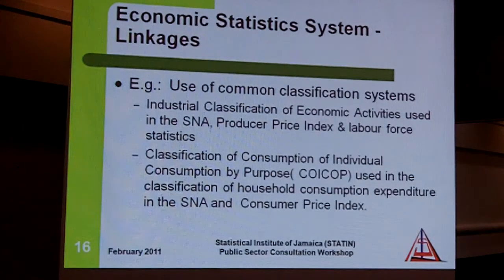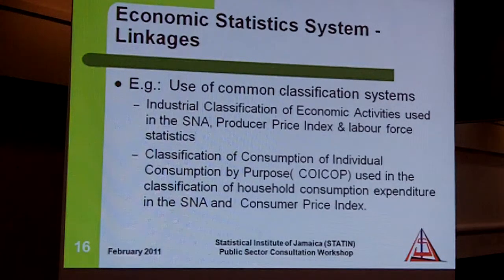For instance, we're using the industrial classification of economic activities. This is the same classification that's applied in the SNA, and is also implied in the producer price index, as well as the labor force. So if you're looking at movement of prices in the output of an industry, say the bakery industry, and you want to look at what's the value of that output, this can be examined because the data on output of the bakery industry would come from the system of national accounts.